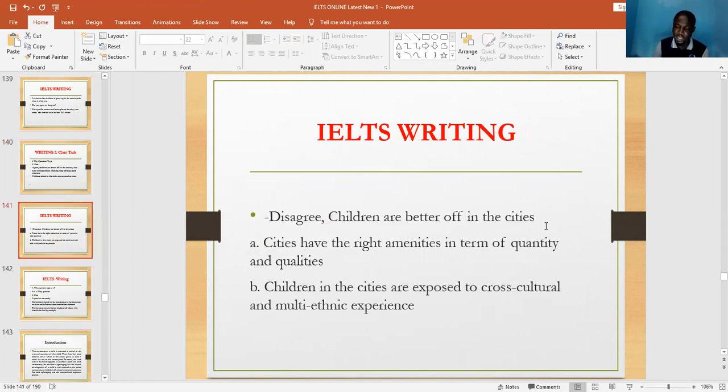I said children are better off in the city, because cities have the right amenities in terms of quality and quantities. Second, children in the city are exposed to cross-cultural and multi-ethnic experience. So this was the planning we did. Some people agreed, some disagreed, but these are the points that were raised.